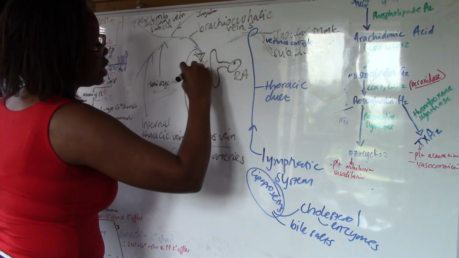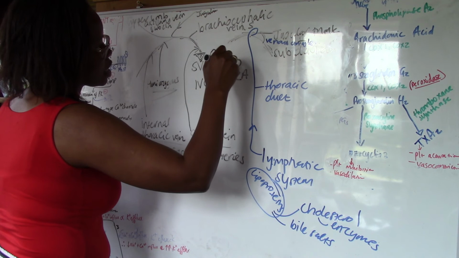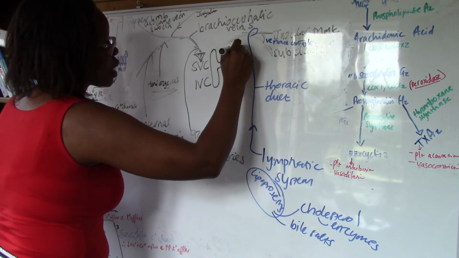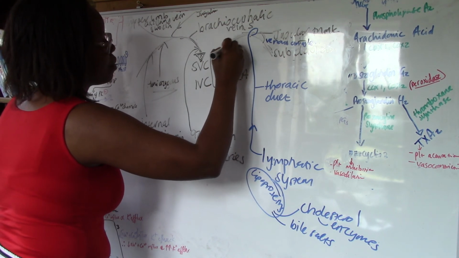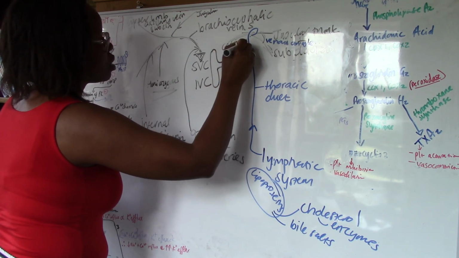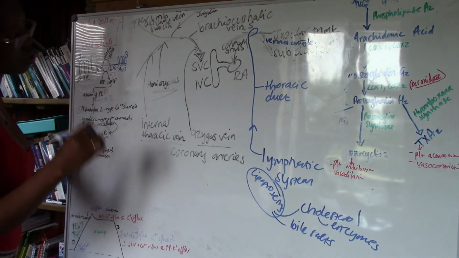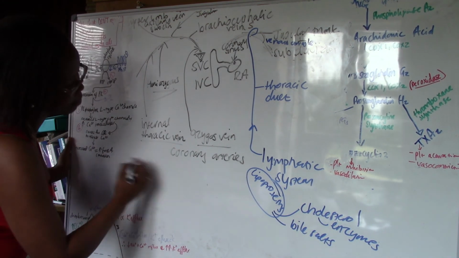So it's just really near the entry of where the SVC and the IVC enter the right atrium. So we'll have a coronary sinus there, bringing blood from the heart itself.